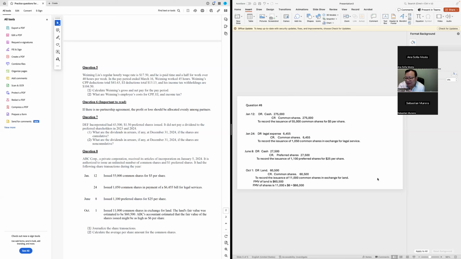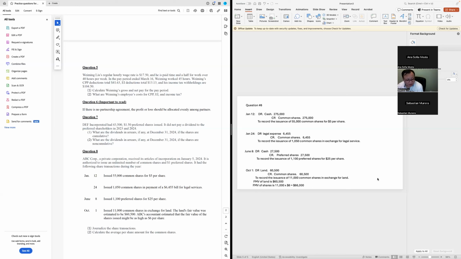And also this is expressed with might. But the land value is the fair value estimated. So my sense is that 6,500 is more reliable. Plus, if you use the asset received, in this case you receive the land, so you go with that. Okay. Thank you. Yeah, I got it.